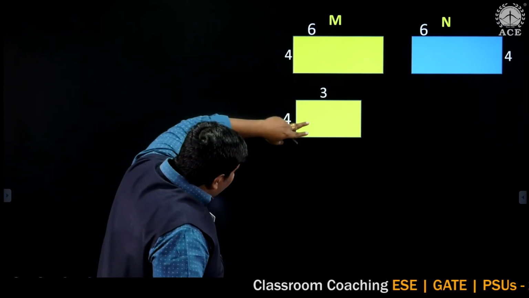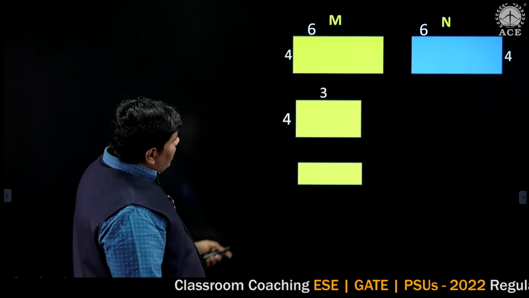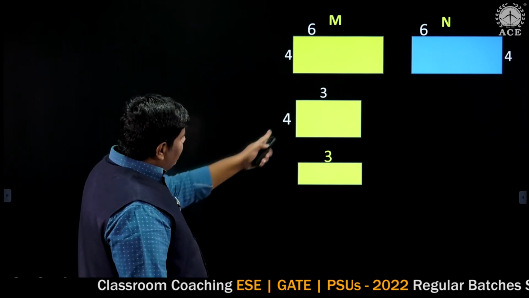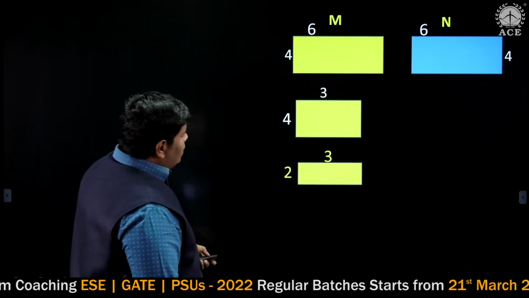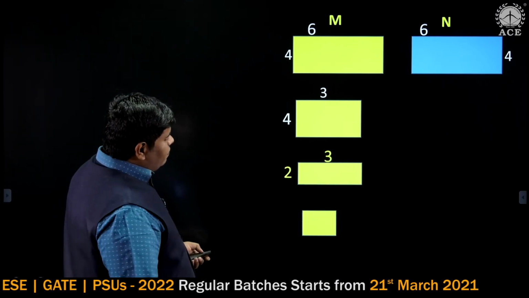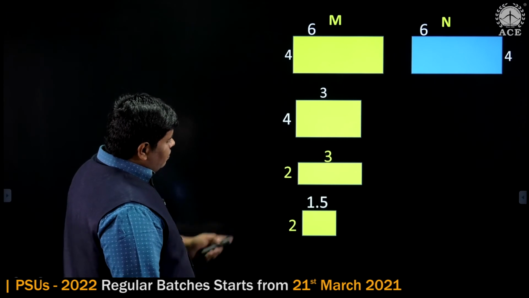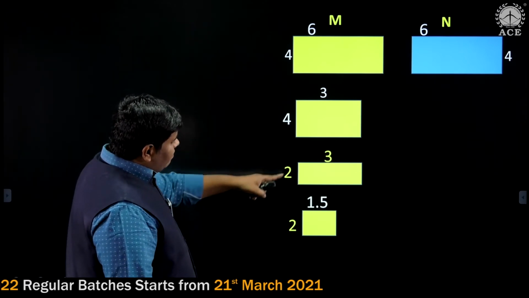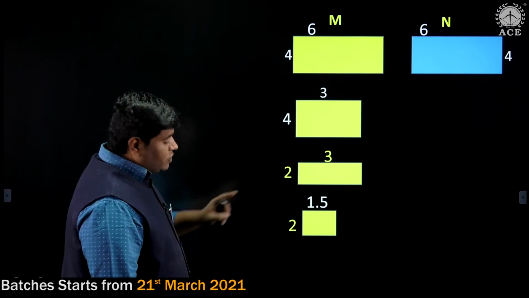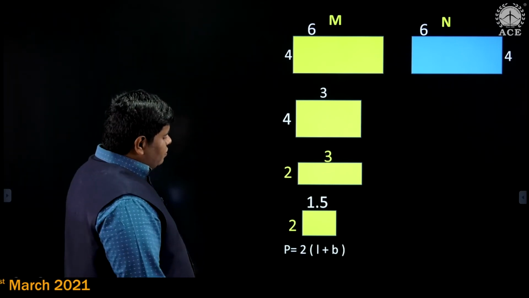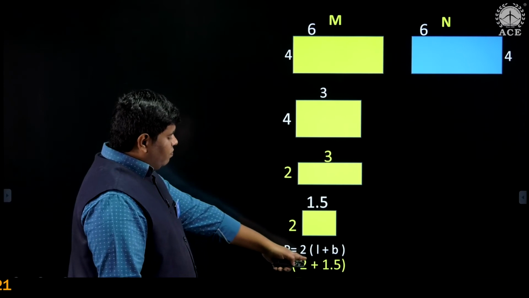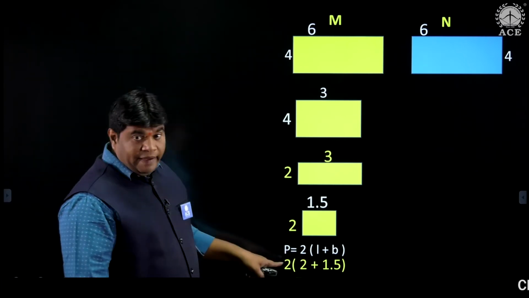First, second, third operation, total 3 operations. What is the perimeter? 2 into L plus B. So 2 into 2 plus 1.5, so 7. This is for sheet M.